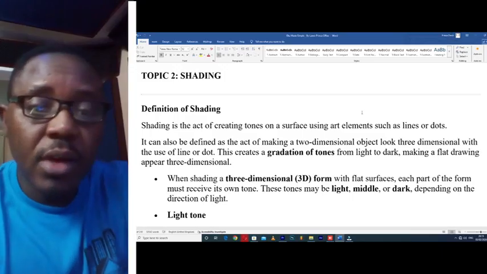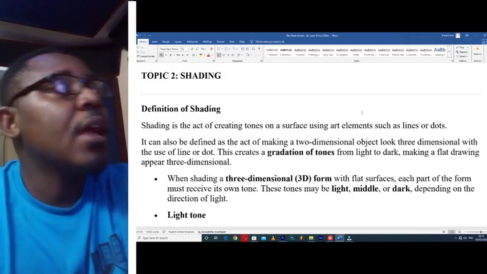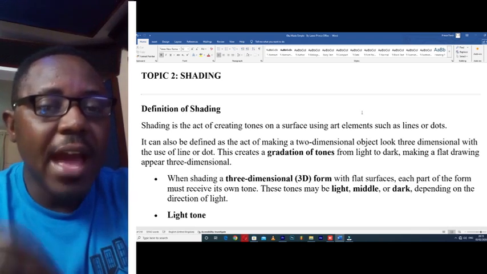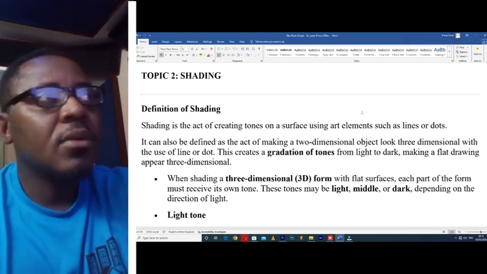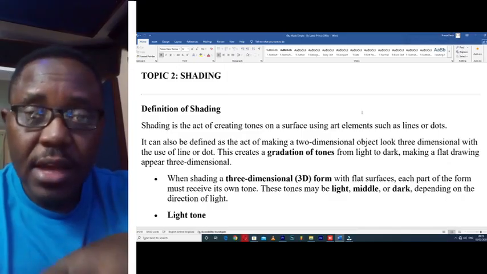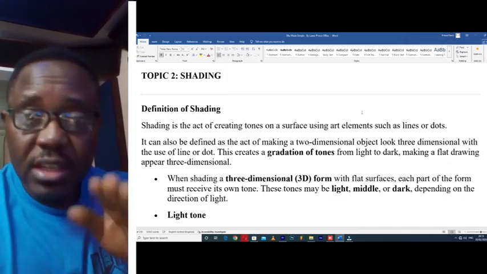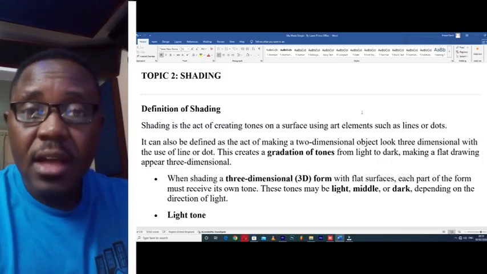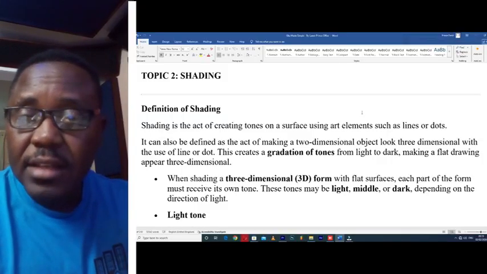Today, the topic we are doing is shading, like I just said. Shading is the act of creating tones on a surface using art elements such as line and dot. Now, I want to give you a simpler definition, which you can keep in your memory. If you understand it, then even when you forget the definition, at the exam hall, you can just remember that and do it.